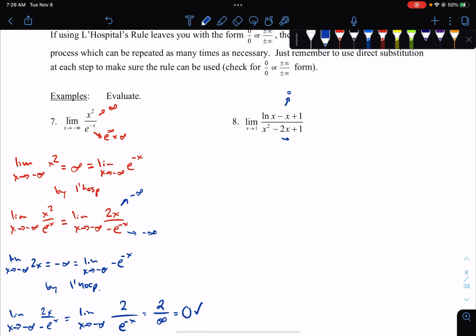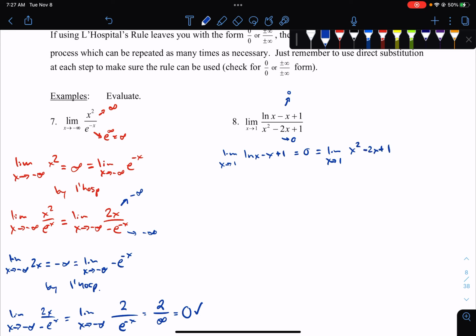On the bottom, 1 squared is 1, minus 2 is negative 1, plus 1 is 0. So the limit as x goes to 1 of the top is equal to 0, which is also equal to the limit as x goes to 1 of the bottom.